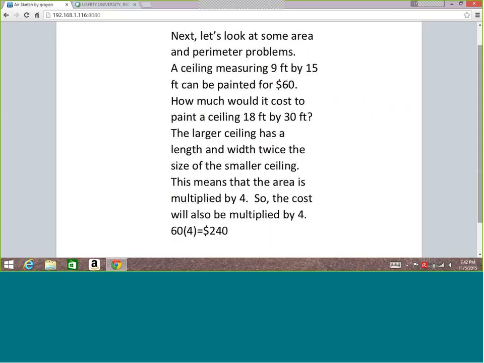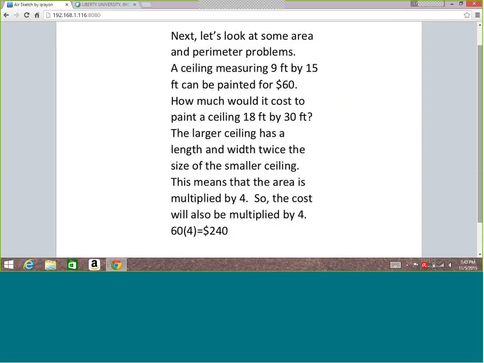And here's why. The larger ceiling has twice the length of the smaller ceiling and twice the width of the smaller ceiling. So remember the area, you're taking length times width to get the area. If you have 2 times the length and 2 times the width, you have to multiply the 2's together, and that gives you the area of 4 times the area, because you have to multiply the 2's together as well.